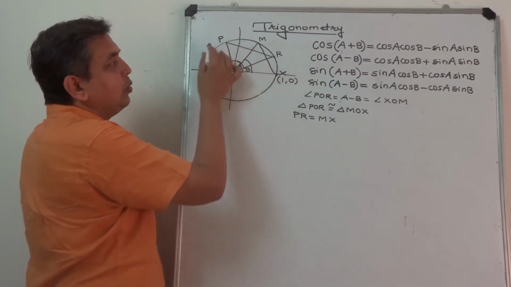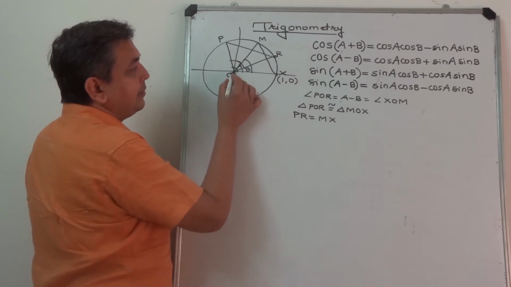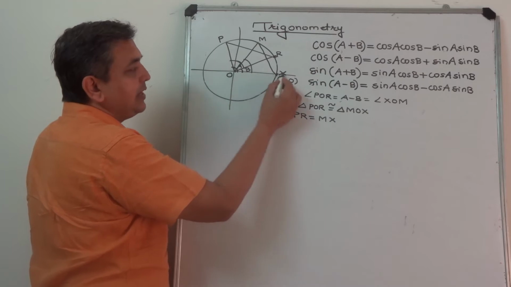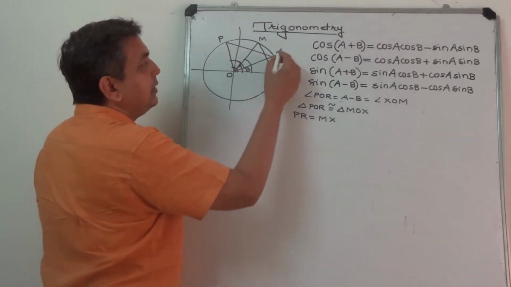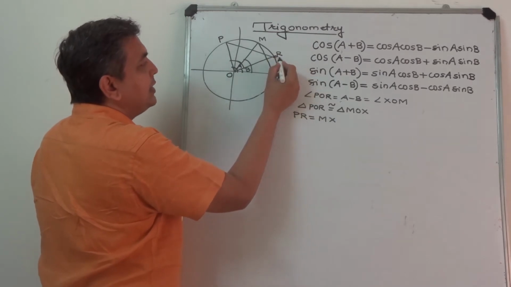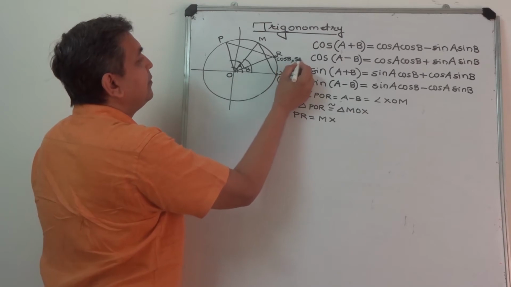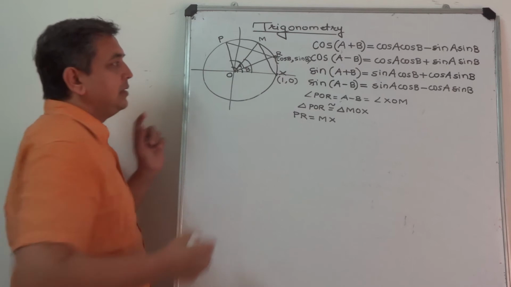Now let us write coordinates for these points. Point R. Now this OR makes angle B with the x-axis. We have just seen polar coordinates. If the angle is B, then R will have coordinates cos B, sin B. Can you see this?